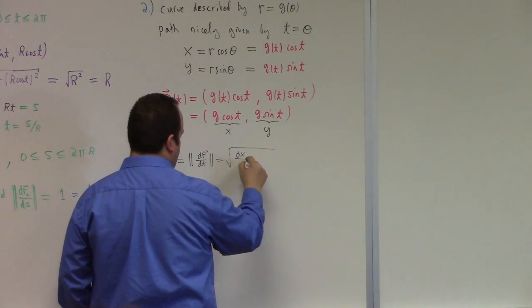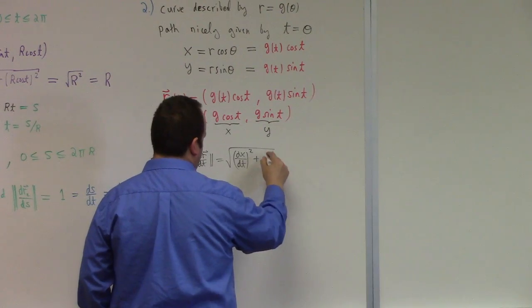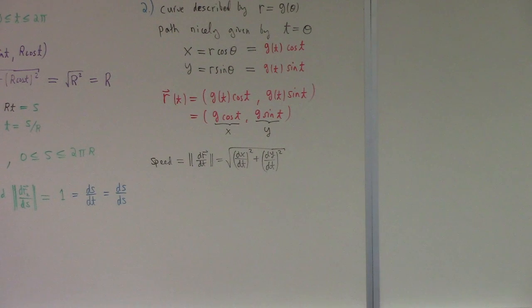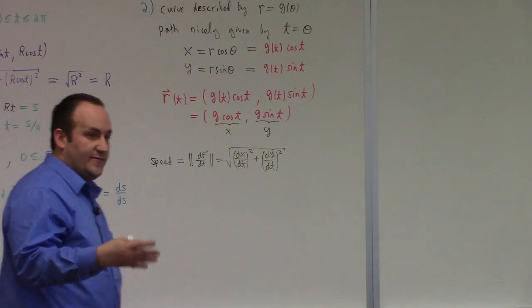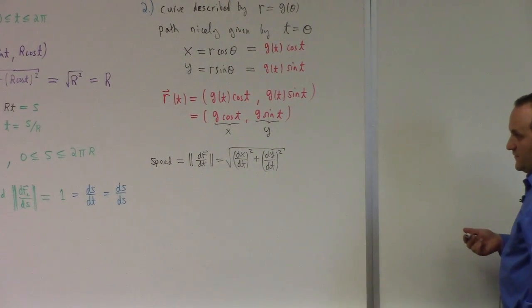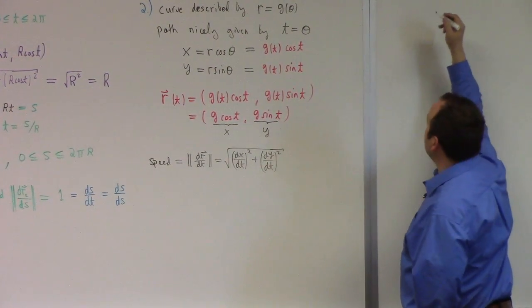The square root of dx dt squared plus dy dt squared. So what we want to do then is calculate dx dt and dy dt. We're actually going to find that there's a really beautiful, simple formula for calculating the arc length of a polar curve. I want to derive that for you so you can use it. I hope you understand the derivation we're going through. It's not that complicated, but it is nevertheless one of the longer calculations we'll do at the moment.